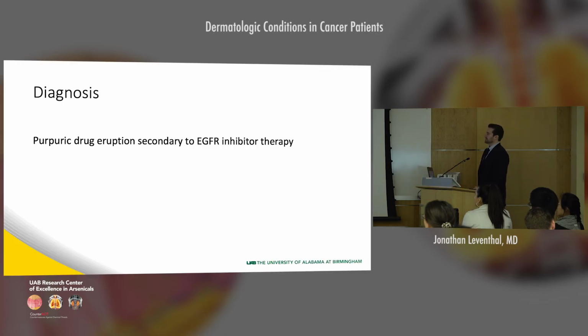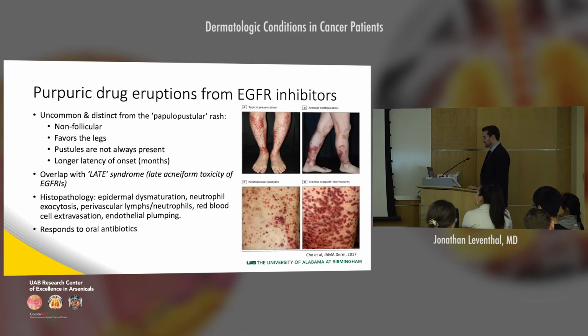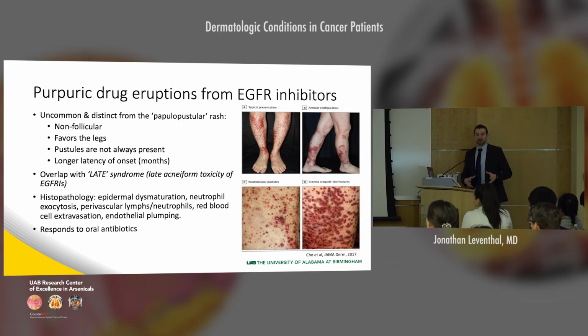And so she likely has this purpuric drug eruption to EGFR inhibitors, and I'll show you some photos of it. It's thought to be distinct from the more typical papulopustular or acneiform rash because it's usually non-follicular, it favors the legs, as seen in this patient, pustules aren't always present, and it usually occurs months after treatment as opposed to the papulopustular rash, which usually occurs earlier on.